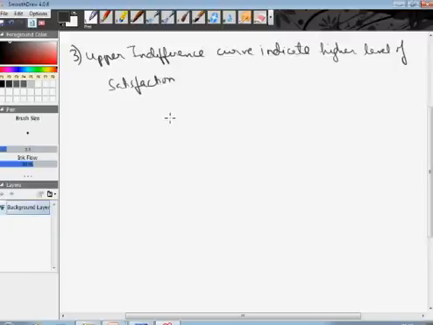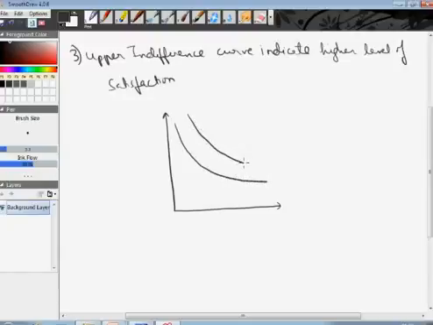So we can see here, if I draw two indifference curves, this is suppose IC1 and this is suppose IC2. So the total utility of this curve, that is IC1, will be more than the total utility on any point on the curve IC2.